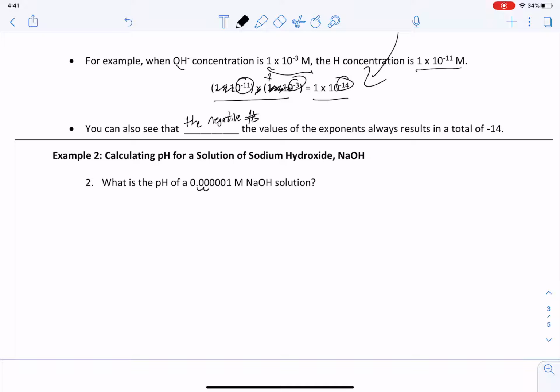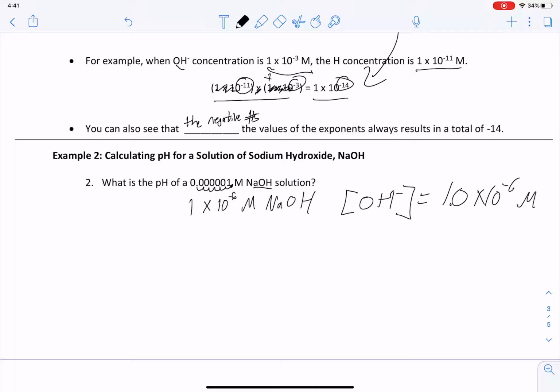So we have to move this over 1, 2, 3, 4, 5, 6. So that would equal 1 times 10 to the negative 6 molar of NaOH, meaning this is a strong base, meaning our hydroxide concentration is going to equal that same number.